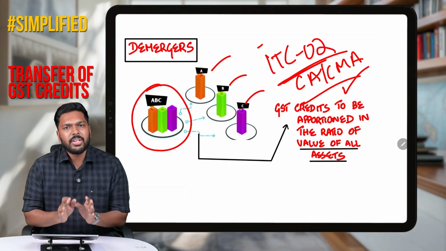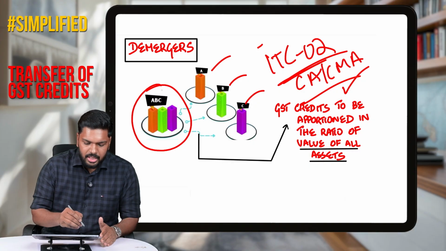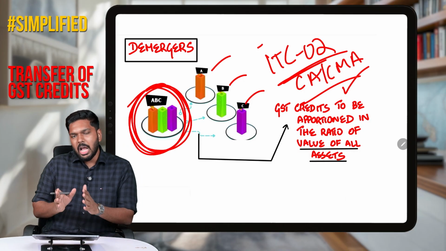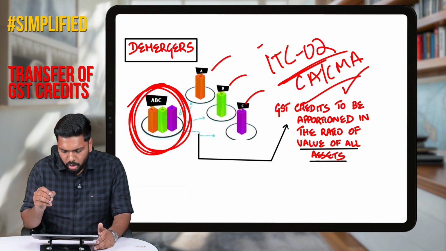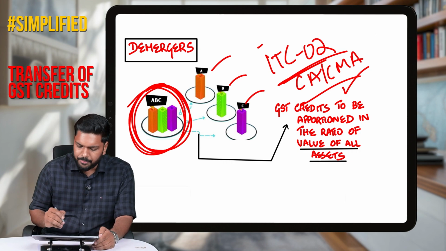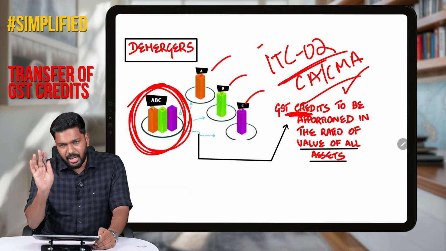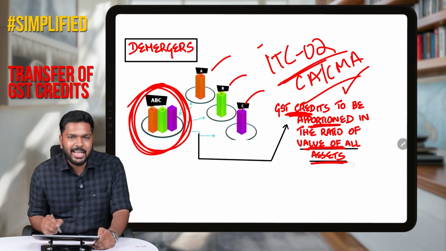But the fundamental question here remains: how do you transfer this unutilized ITC? The unutilized ITC lying on the GST portal of ABC, how do you transfer it individually to A, B and C is the question. So Rule 41 again talks about the particular demerger situation where it says that the unutilized GST credits should be apportioned in the ratio of the value of all the assets.